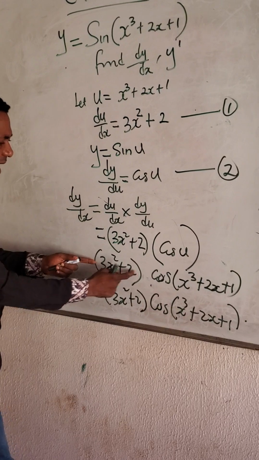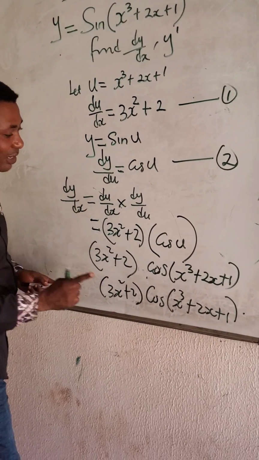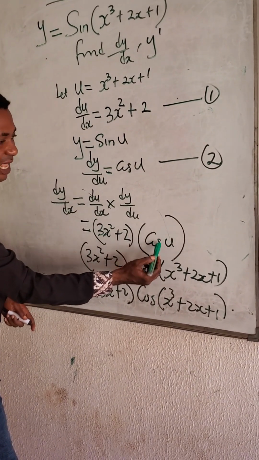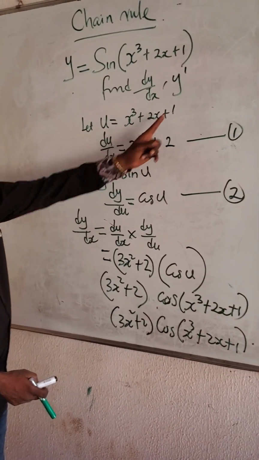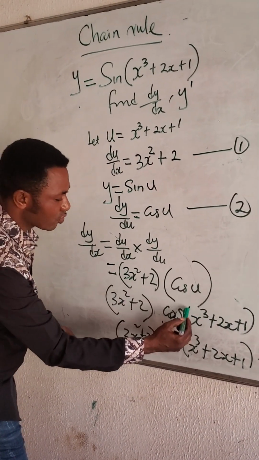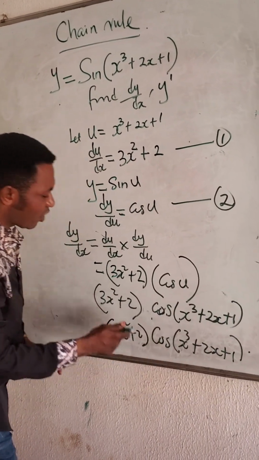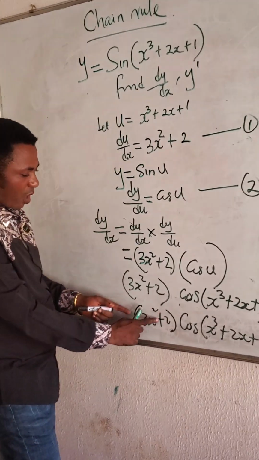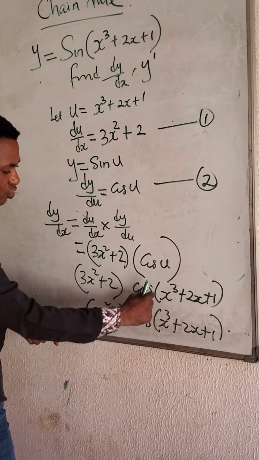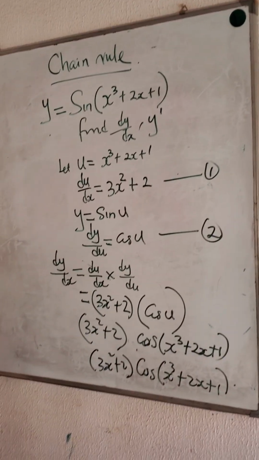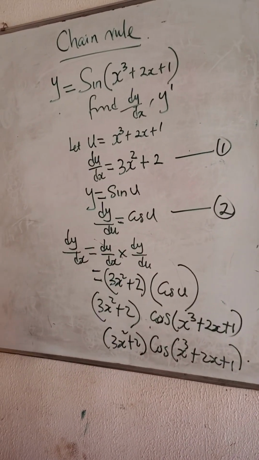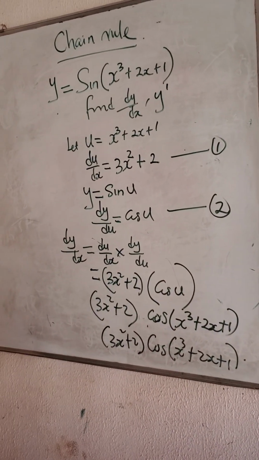Then when you multiply the two functions, remember our assumption there, we say u should be equal to s power 3 plus 2s plus 1. That is why I now brought the u here. So at the end of the day, we will now have 3s squared plus 2, then cos of s power 3 plus 2s plus 1.